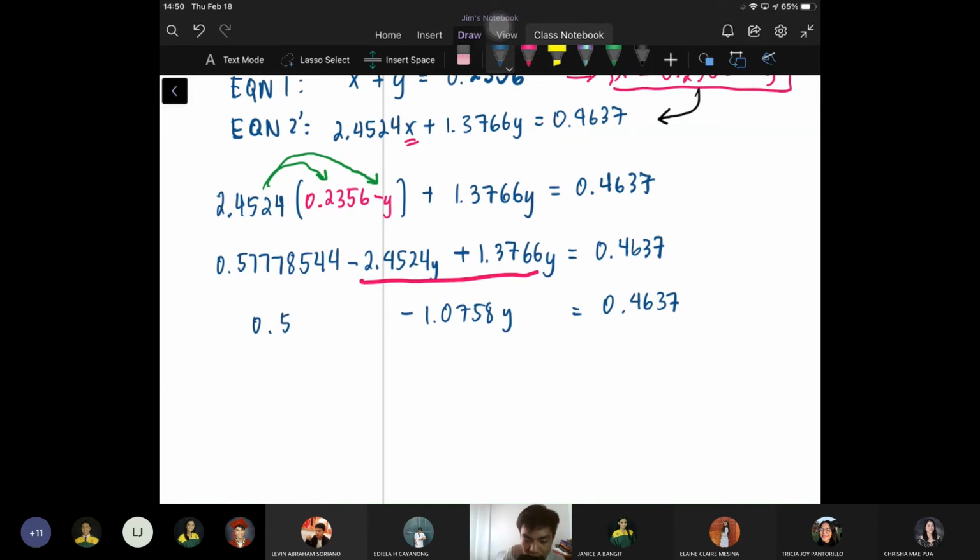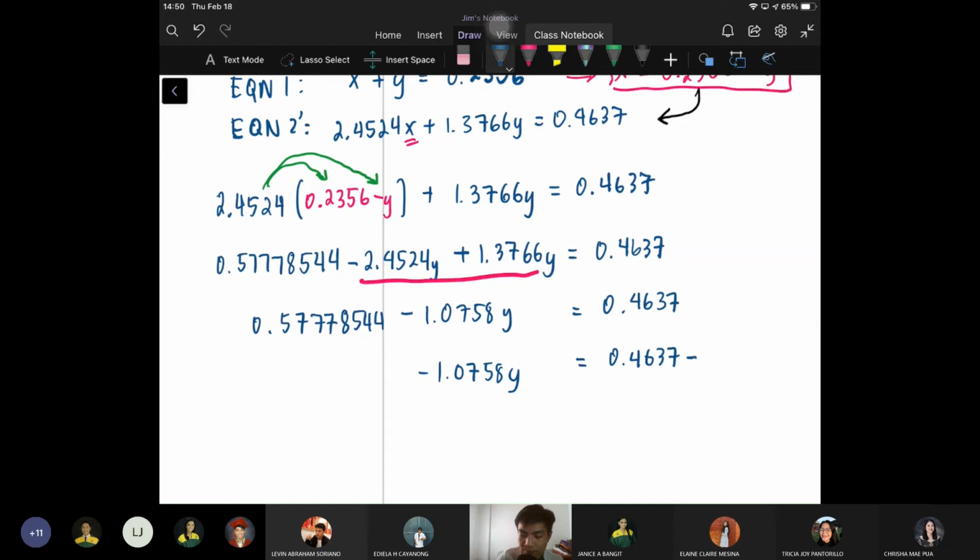Then, copy natin yung nasa number sa kabila. Okay? So, lipat natin yung number na yan sa kabila. Transpose doon. Magpapalit yan ng sign. So, that will be negative 1.0758y.